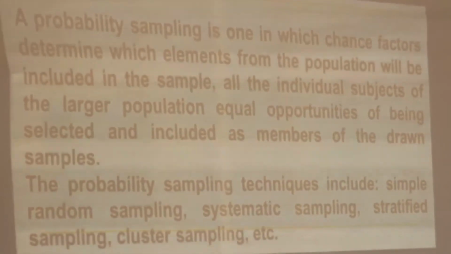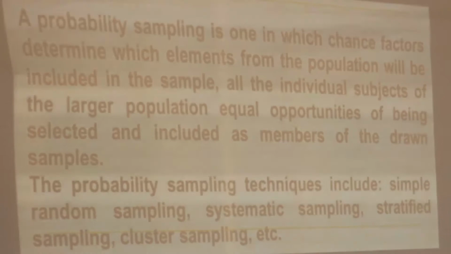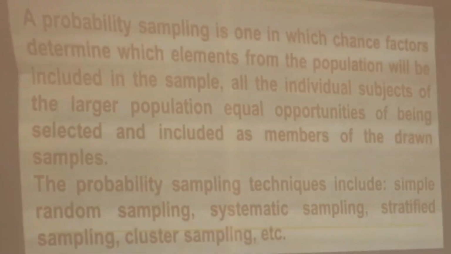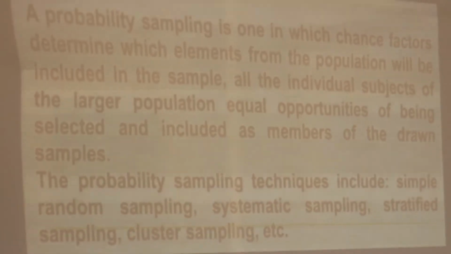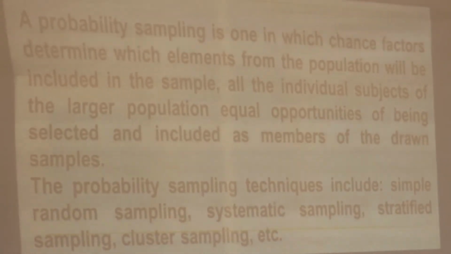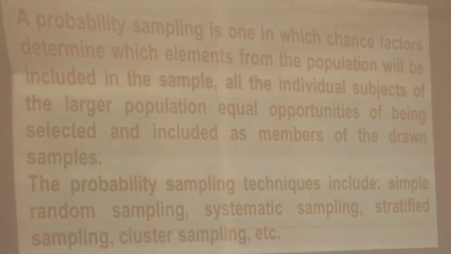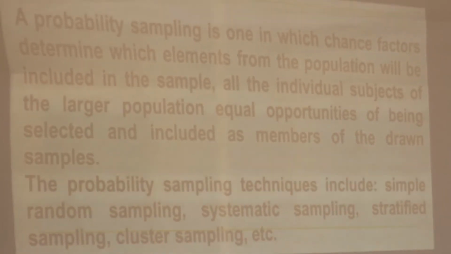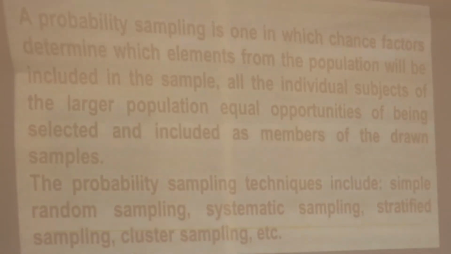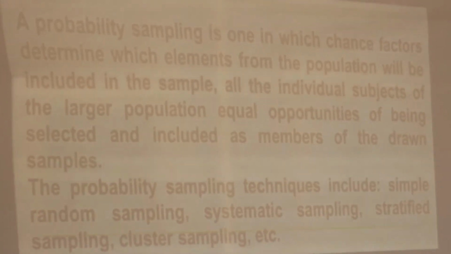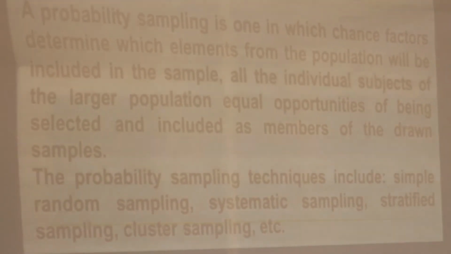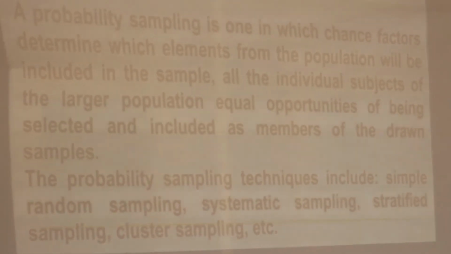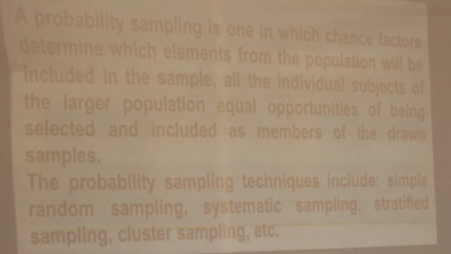So all the population have equal opportunities, equal chances of being selected. The probability sampling techniques include simple random sampling, systematic sampling, stratified sampling, cluster sampling, and so on. Those are some of the sampling techniques.